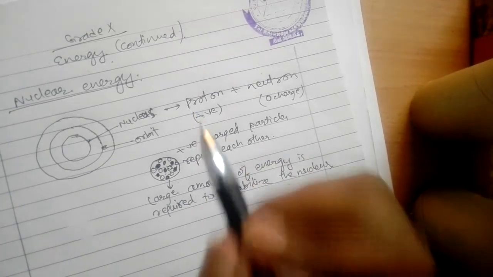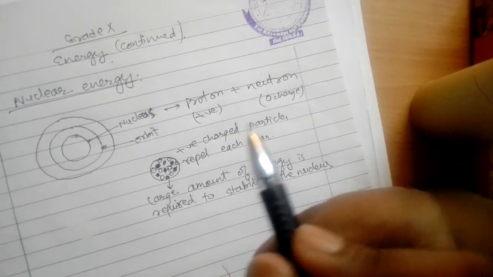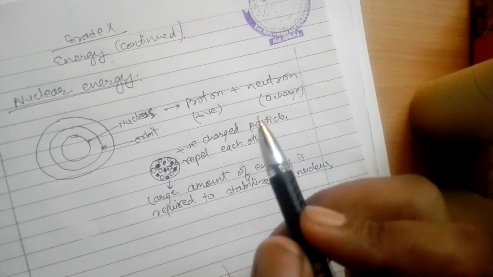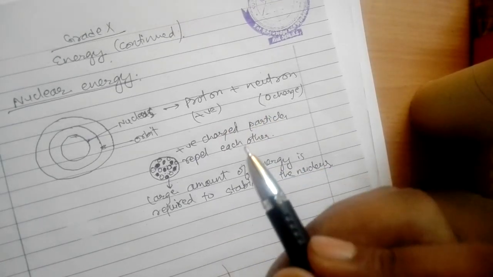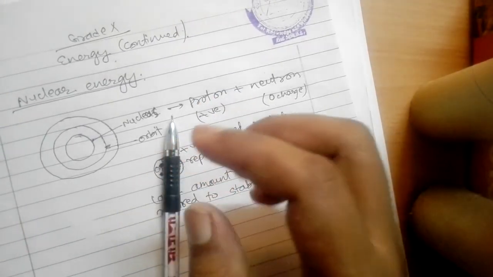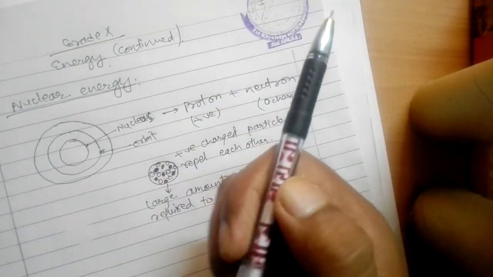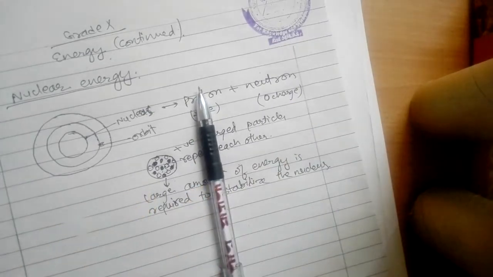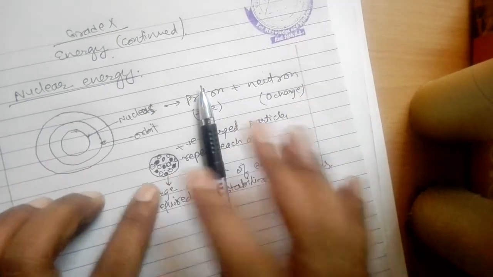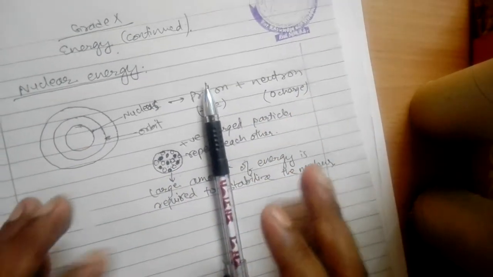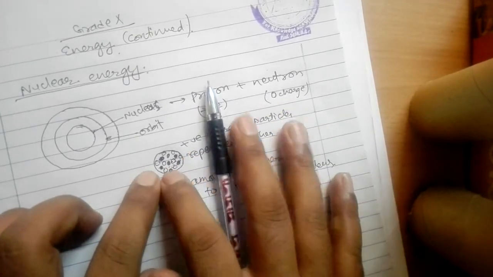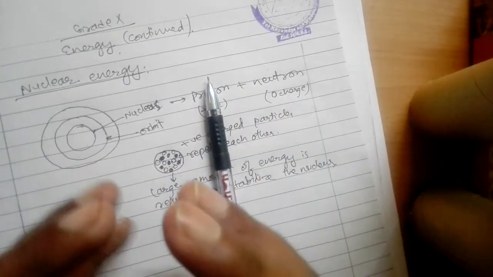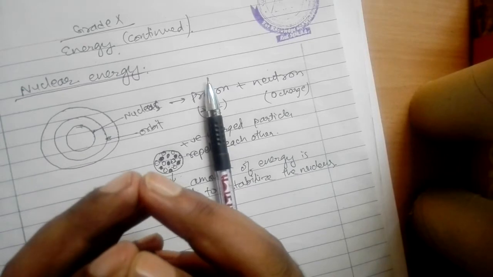That means every single particle that you see around your world contains a large amount of energy. Even our body, this pen, this paper, everything is made up of atoms, and they all contain a nucleus, and inside the nucleus they all contain large numbers of protons held together, isn't it?